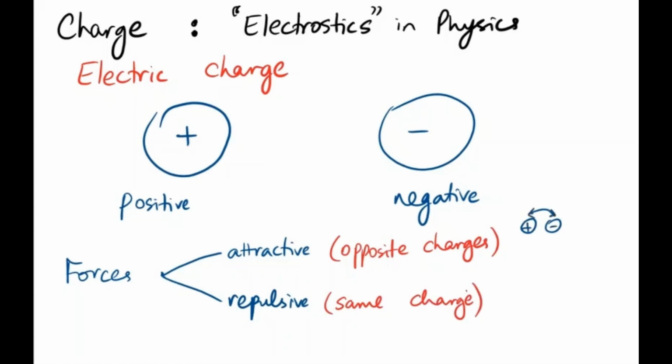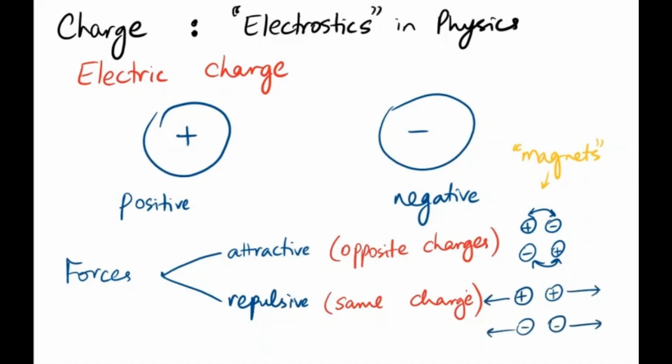Think of a magnet, how the opposite poles of a magnet attract. So that's the attractive force between opposite charges. Similarly, repulsive forces will exist between same charges. If we have a positive charge and a positive charge, they're going to push away from each other, and that's the repulsive force because of the same charges.